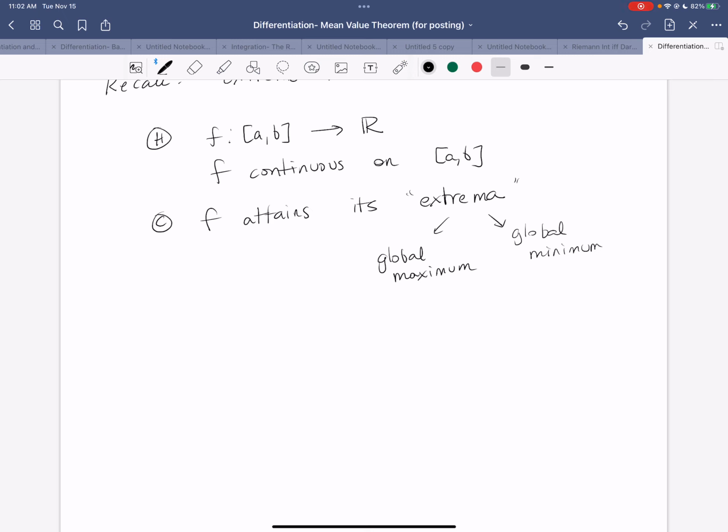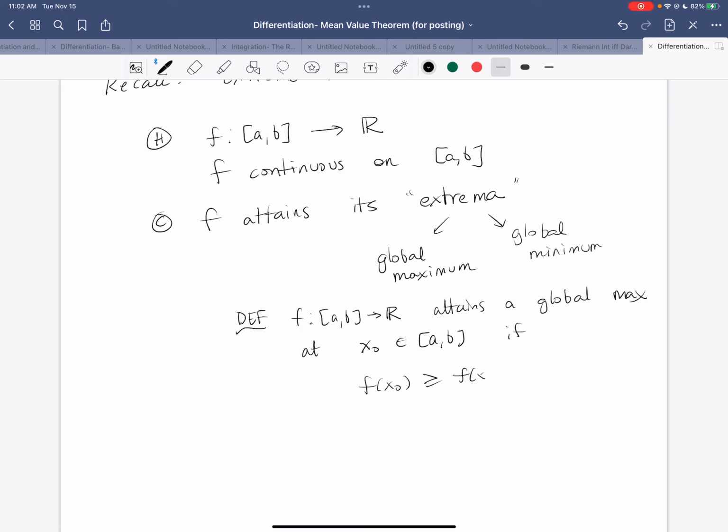So what's our definition of global max? f is a function from [a,b] to R, and f attains a global max at some point x naught if f of x naught is bigger than or equal to f of x, and this is true for all x in the domain.